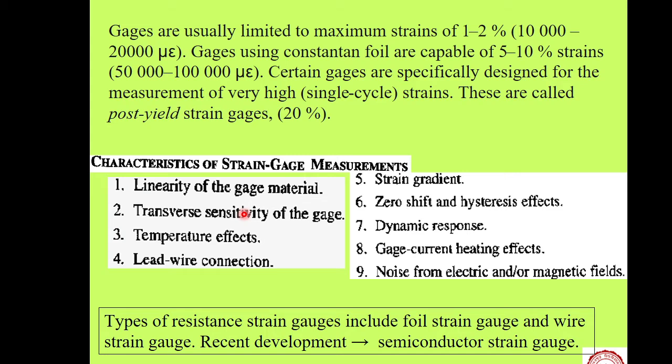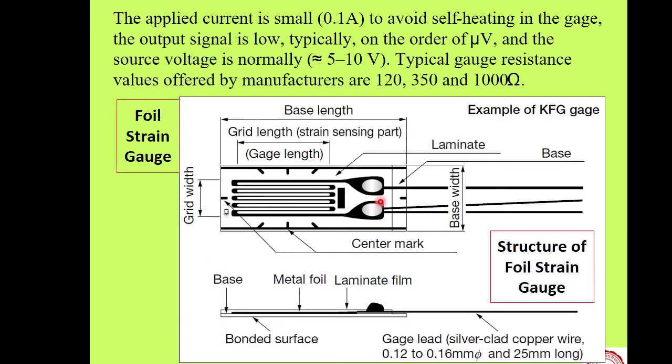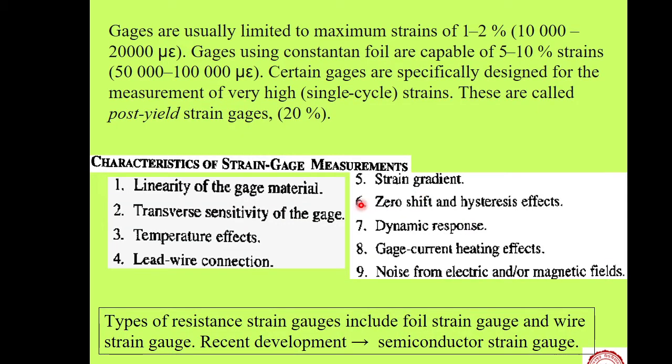The manufacturer specifies the transverse sensitivity, the temperature, etc. The lead wire connection mechanism, that means how they would be connected, the type of connecting material, again the strain gradient means this particular value, how much strain it can withstand.